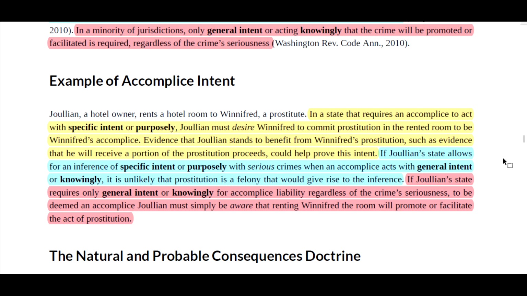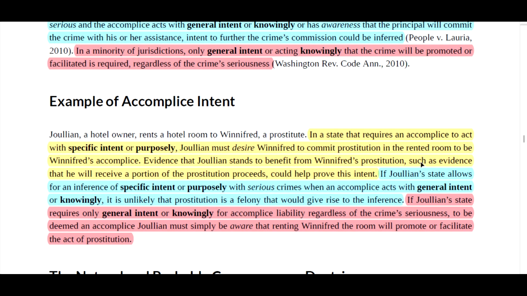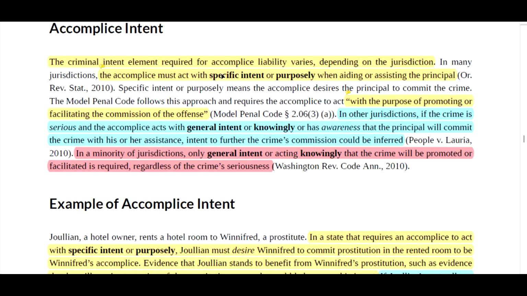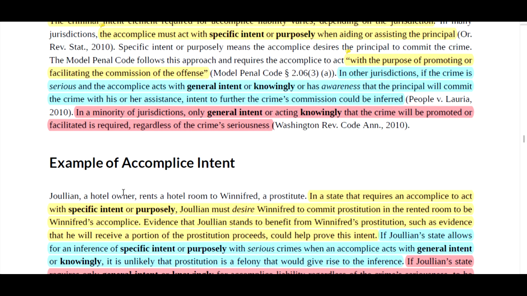But so, an example of accomplice intent. Notice I color-coded it so that in this one example we can look at how the different levels, with a specific intent or purpose, general intent or knowingly, or general intent knowingly without seriousness of the crime, we can identify each piece. So Julian, a hotel owner, rents a hotel room to Winifred, a prostitute.